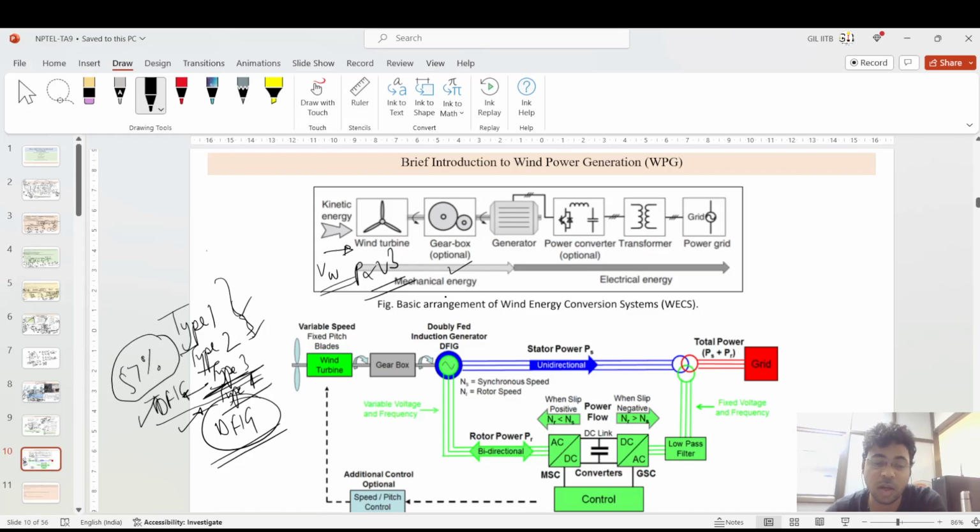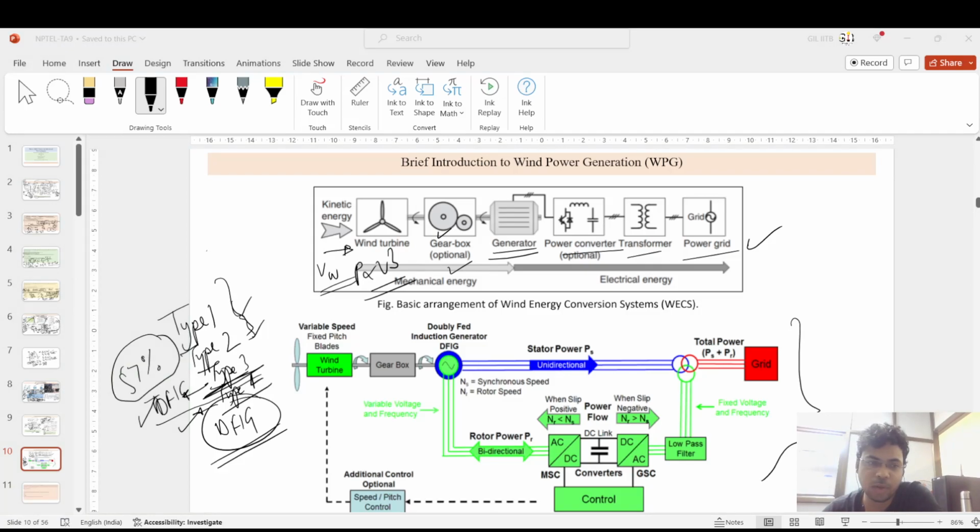It is fed to the gearbox for velocity increment, because it is directly proportional to the number of teeth utilized in the gearbox. Then you have a certain generator, doubly fed or wound rotor, or any other type. Then it is fed to the power conversion stages, then the transformer, then the power grid. This is the basic schematic diagram.